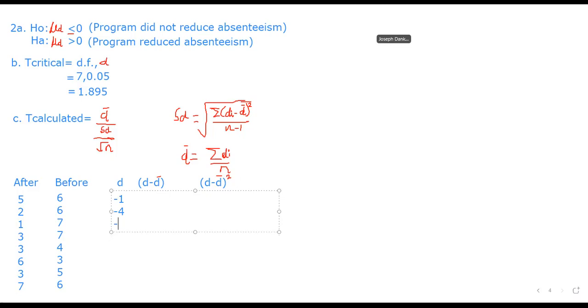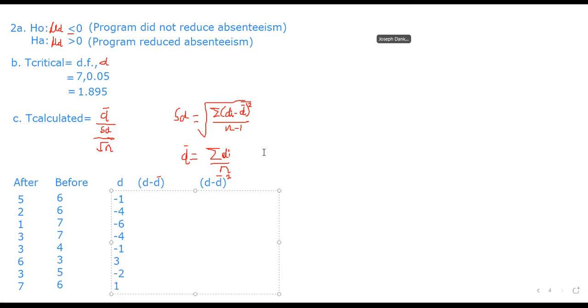This one is negative 6. 1 minus 7, negative 6. Then negative 4, 4, negative 1, 3, negative 2, and 1.